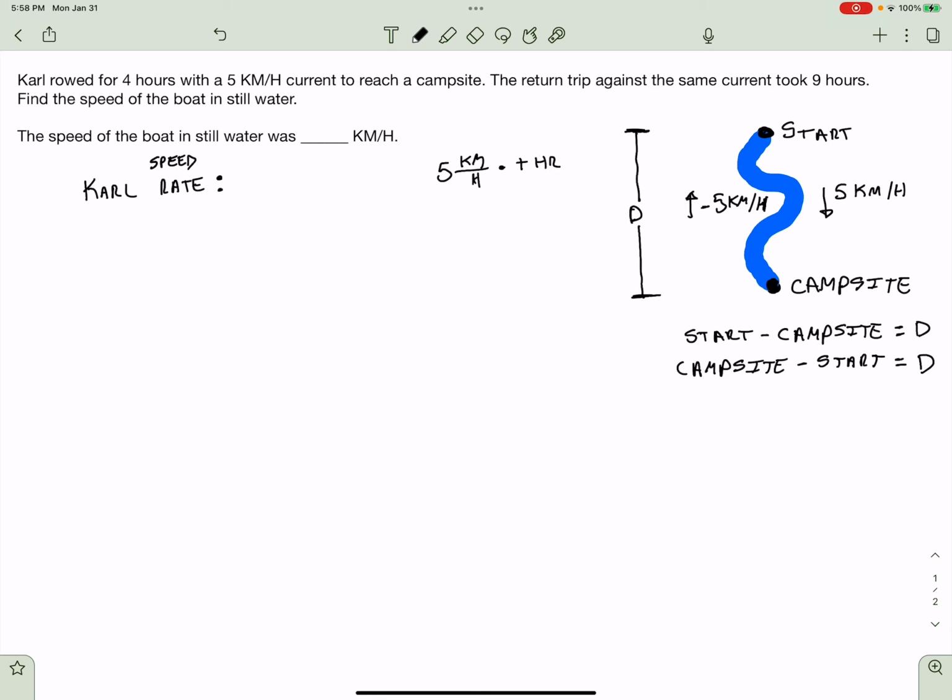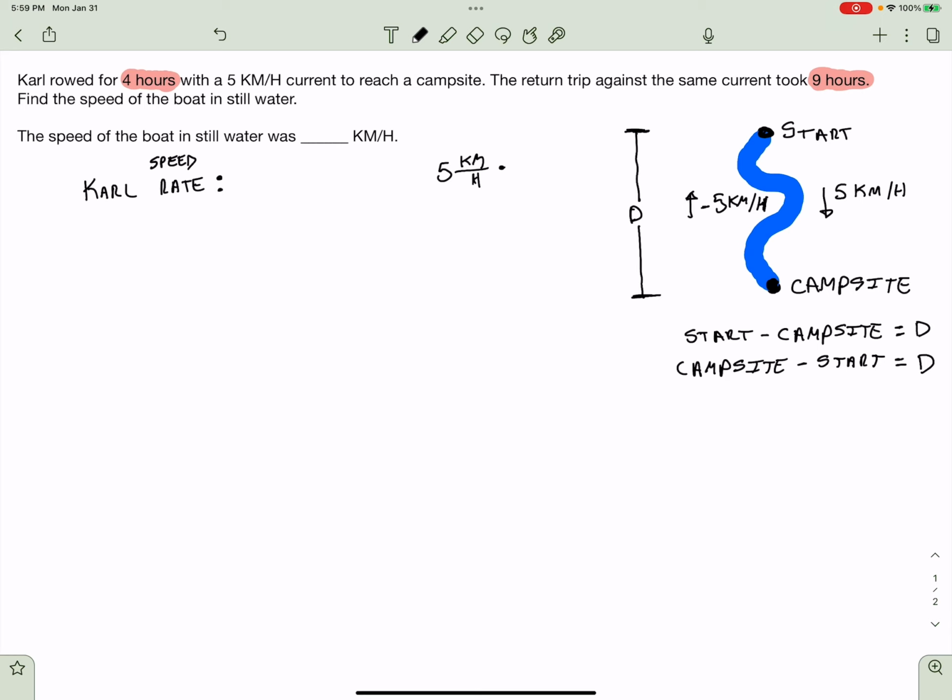Well, this could be any number. But for us, those numbers are going to be 4 hours and 9 hours. One's going to be one way, and one's going to be the other way. So let's start with the start one.